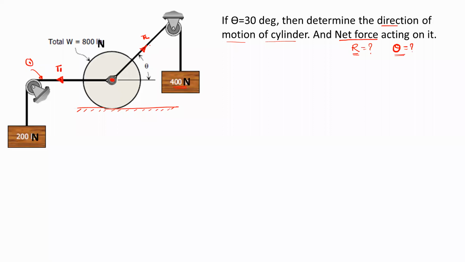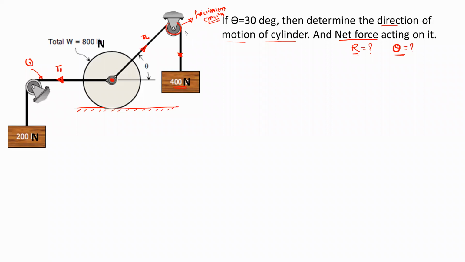Basically, this tension force is transmitted through this cable, and this tension will be the same on both sides of this pulley. The requirement is that this pulley must be frictionless. That means it is a smooth pulley.